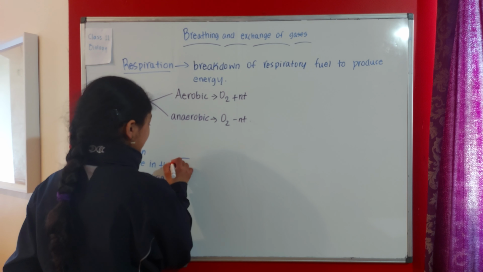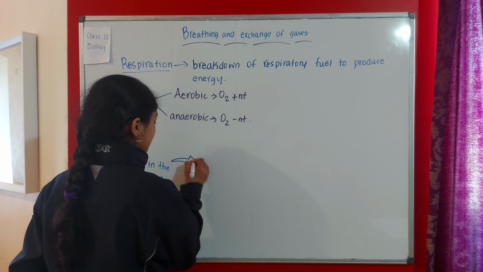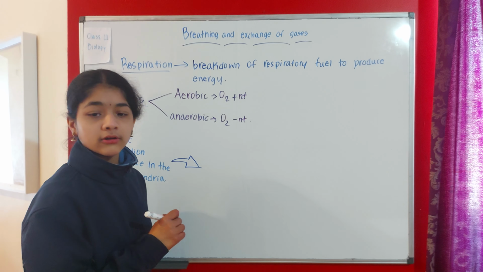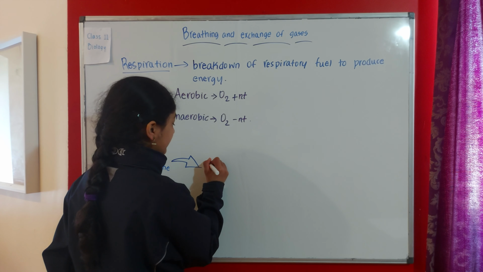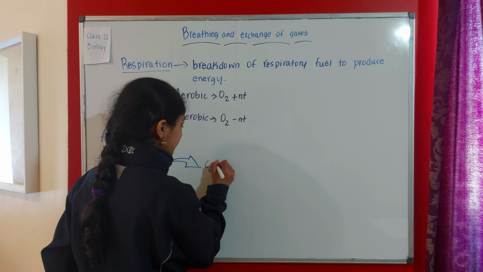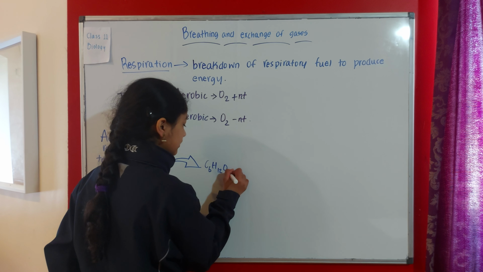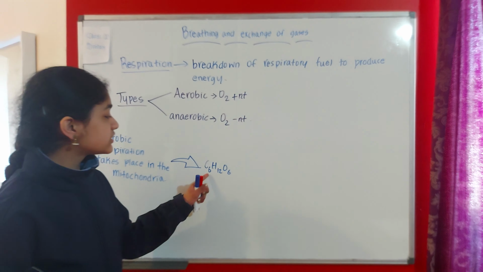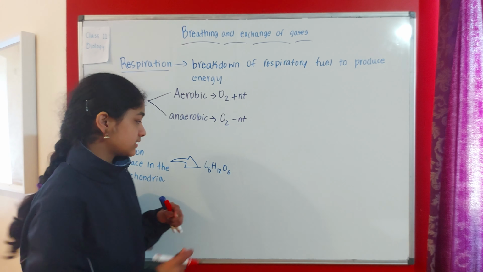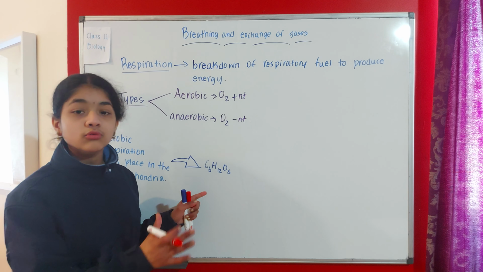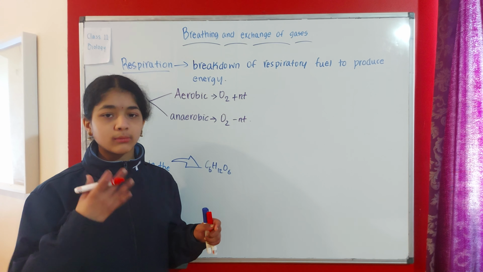If we have to write the equation for this aerobic respiration which is taking place in the mitochondria of the cells, we can write it like this: C6H12O6, so 6 carbons, 12 hydrogens and 6 oxygens. C6H12O6 is glucose, usually present in the form of food.